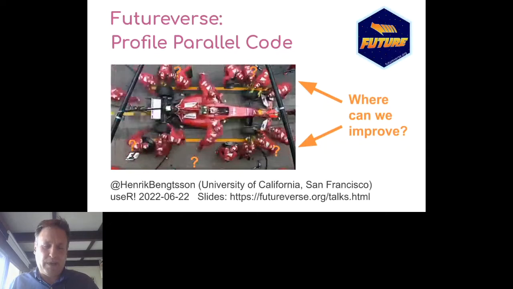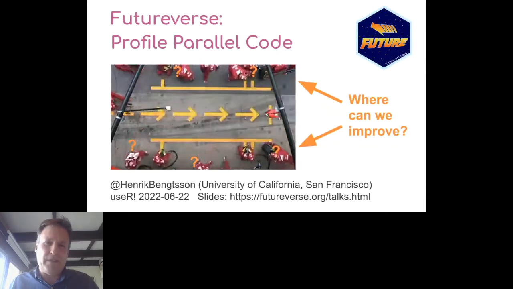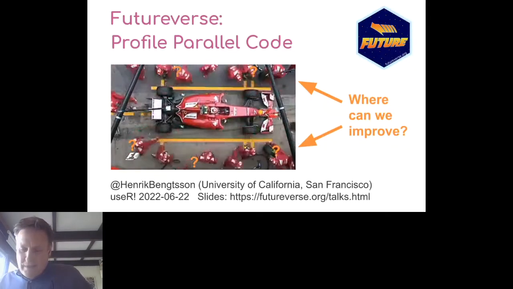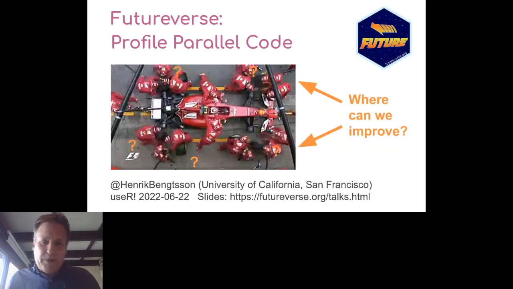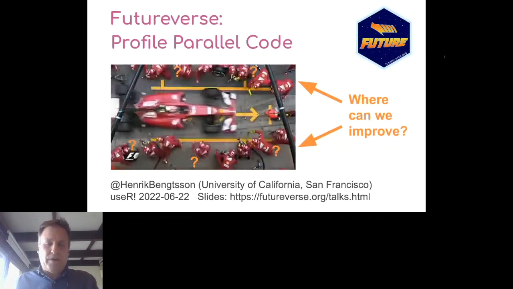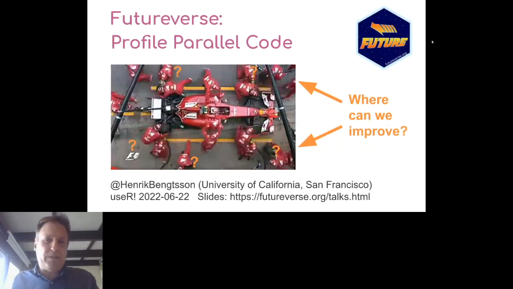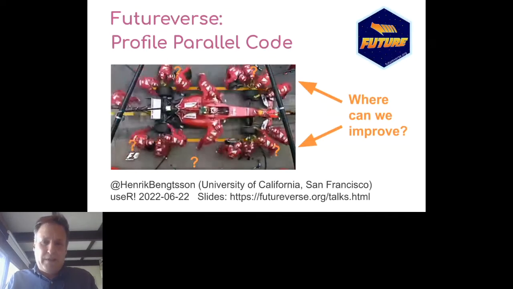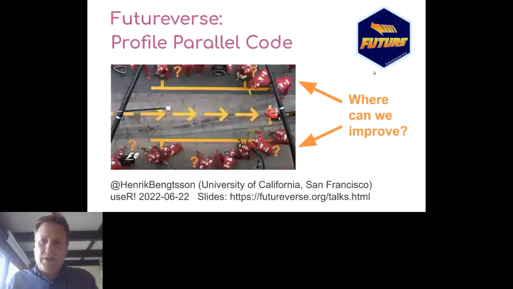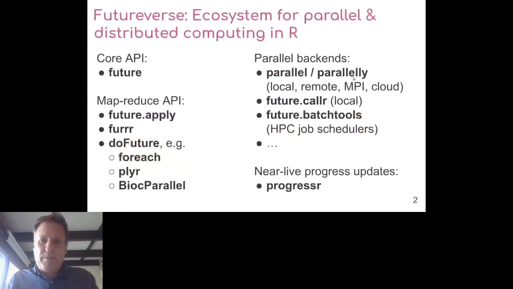That means where can we improve the Futureverse package itself, but also developers using it if they're finding bottlenecks. This is work that has been a feature request for a very long time, and this work has now started.